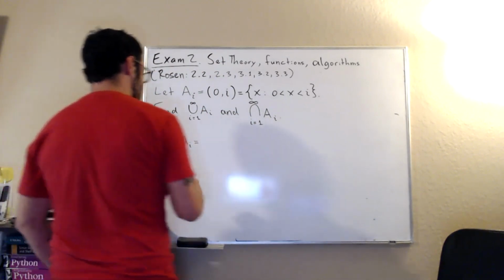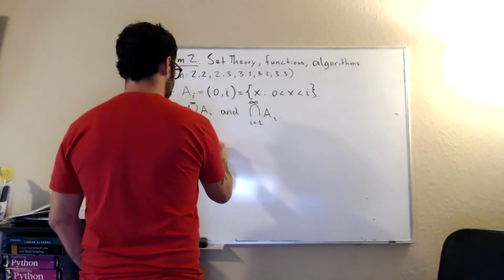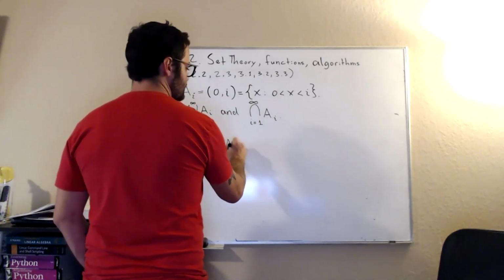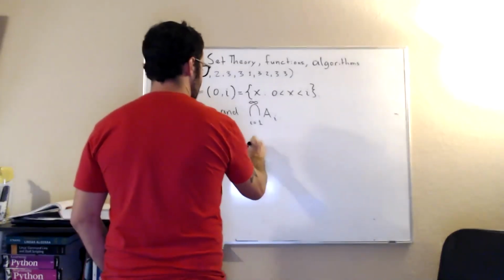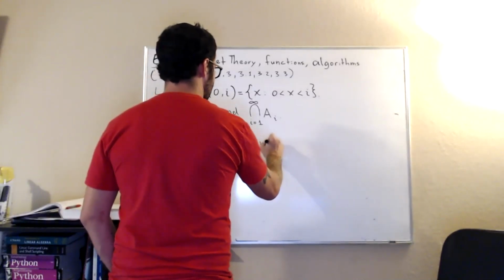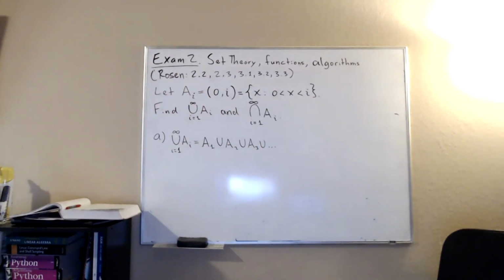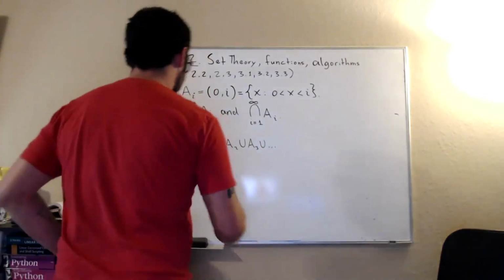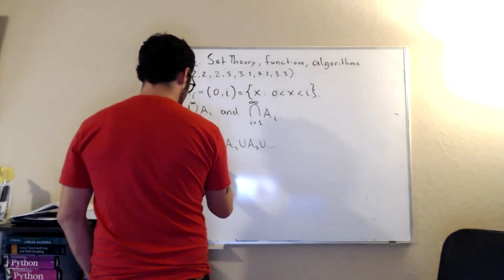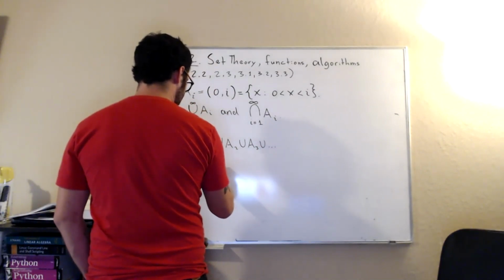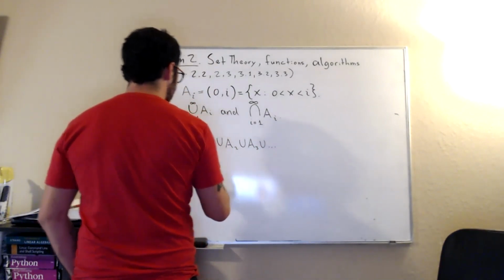Okay, so what does that equal? That's equal to A1 union A2 union A3 union dot dot dot, off to infinity. It's an infinite union. But what is A1? A1 is the open interval 0 to 1.